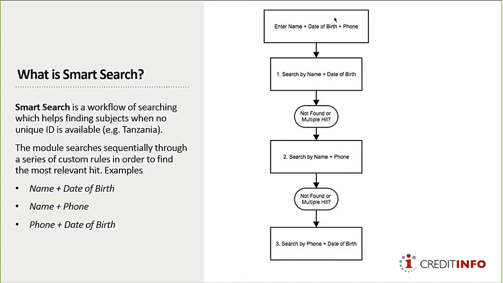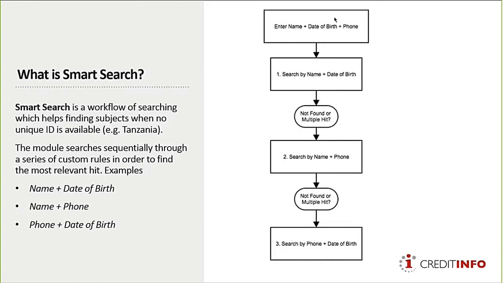In this example, you can see that the system continues with the name and the phone. And again, if this combination is not giving us a single hit, then it continues again with the third and fourth row, etc. So effectively, what it gives us is just a sophisticated way to try to find a subject on the basis of different rules, which we assume would give us a unique result.